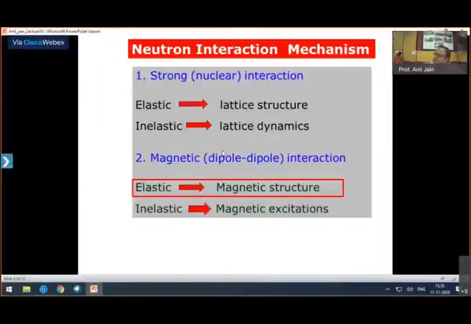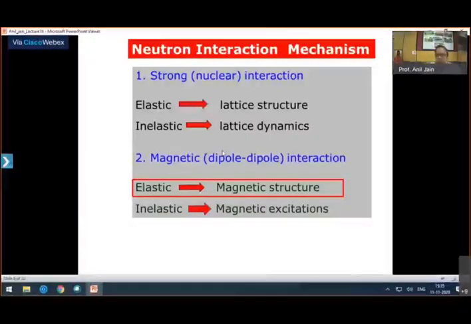Now I'm trying to switch towards neutrons, because I want to reach magnetic neutron scattering, or Rietveld refinement of your neutron diffraction pattern, to get the idea about the magnetic structure of your sample. So you know that neutron interacts with your material by two mechanisms.